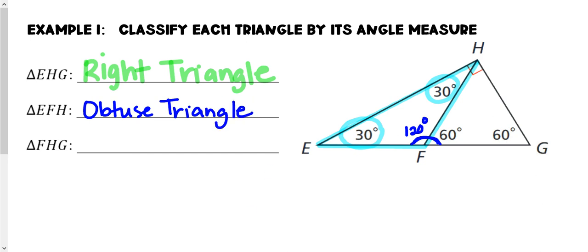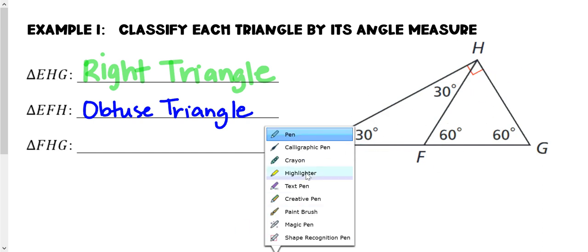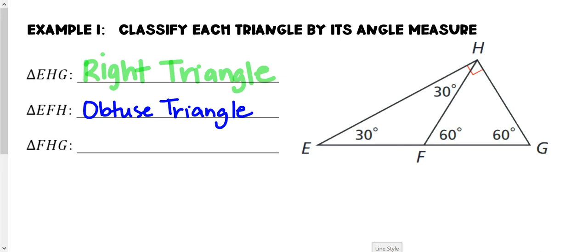All right, last one, triangle FHG. Let's identify where FHG is. So that would be this triangle, FHG. Over here on the right, at vertex F, we've got a 60-degree angle. G is 60 degrees.